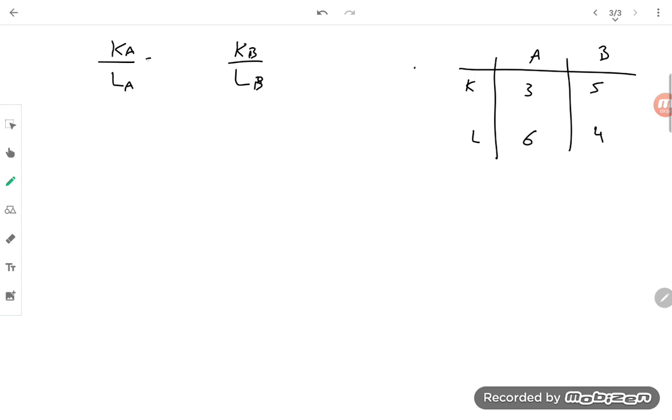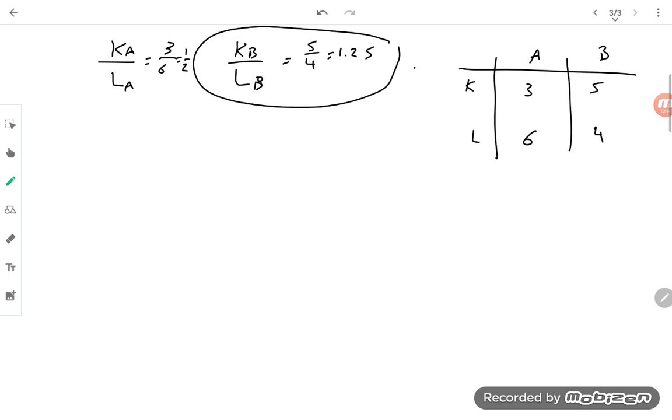In country A, it will be 3/6, which is half, and in country B, 5/4, which is 1.25. So which one has the greater capital labor ratio? Country B. So country B is capital abundant.